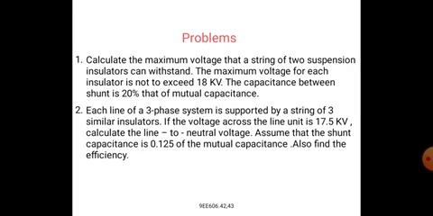Right. Next, each line of a three-phase system is supported by a string of three similar disks.